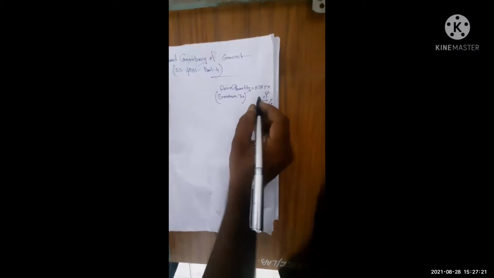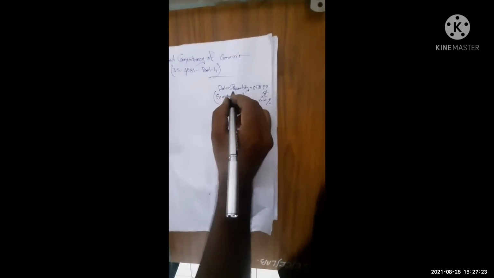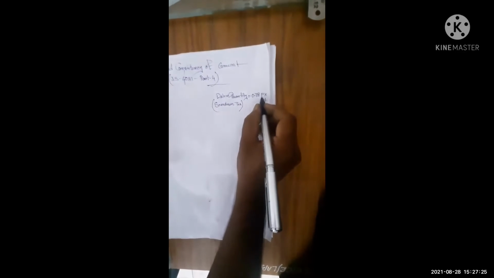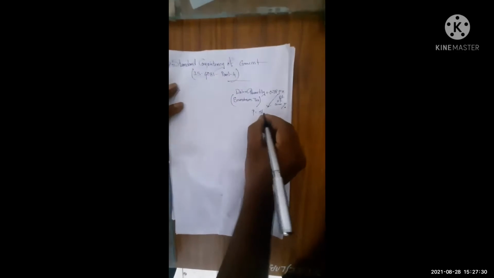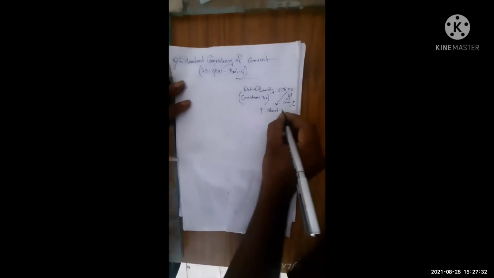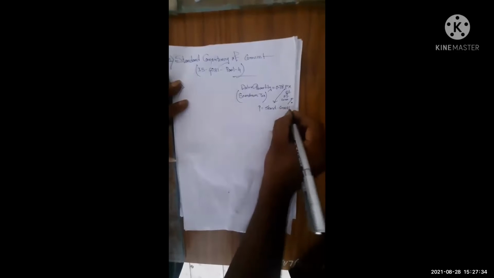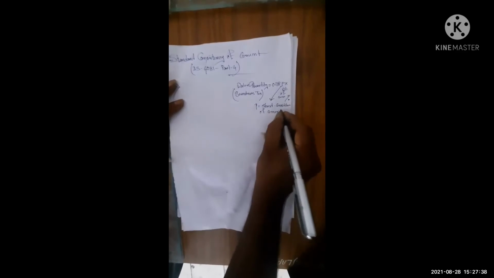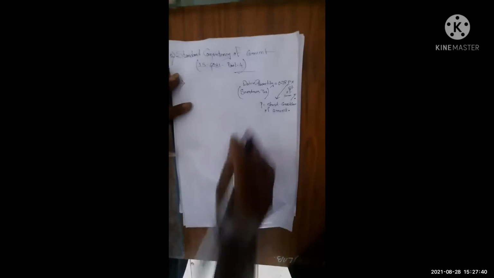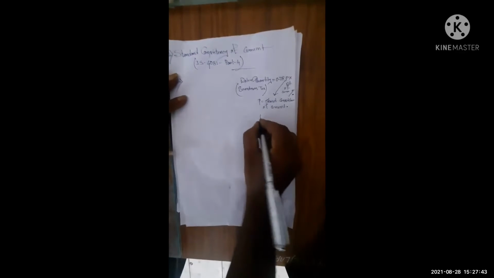So in that experiment, the water quantity was 0.78 P, and that P is called the standard consistency of cement. And today we will find this value.